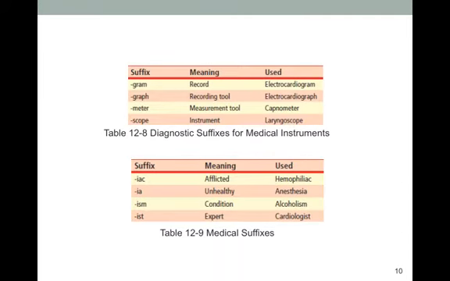Diagnostic suffixes for medical instruments. Gram, an electrocardiogram would be an example of this, an electric heart record. Graph, electrocardiograph, an electric heart recording tool. So, needle on the paper, marking out everything.